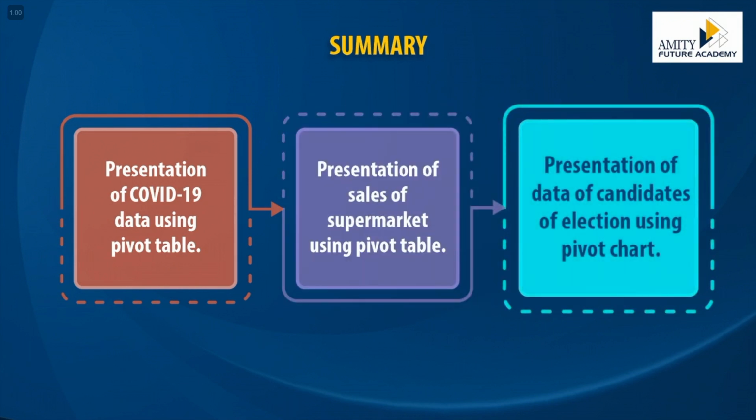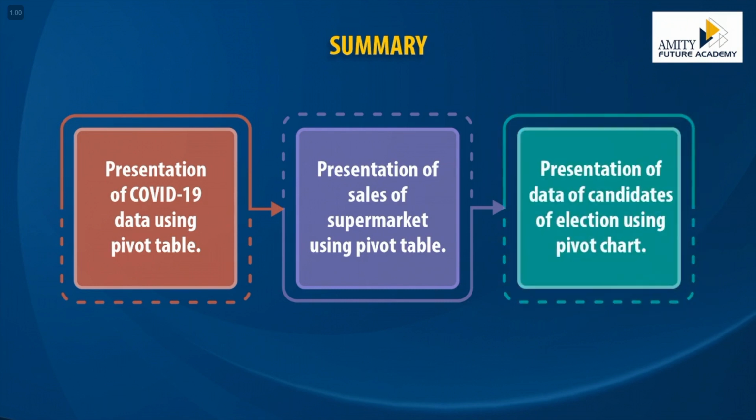And third one was the data of candidates for elections, where we presented the data using pivot chart. I hope you understood all the three examples. You can explore all the features of pivot table and pivot chart and implement them to create meaningful presentations out of the extensive data.